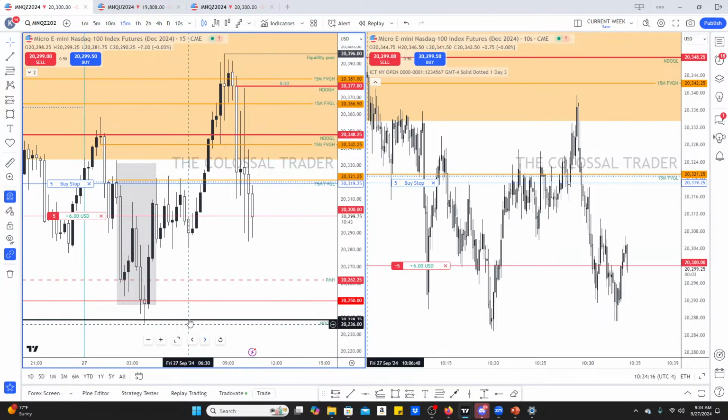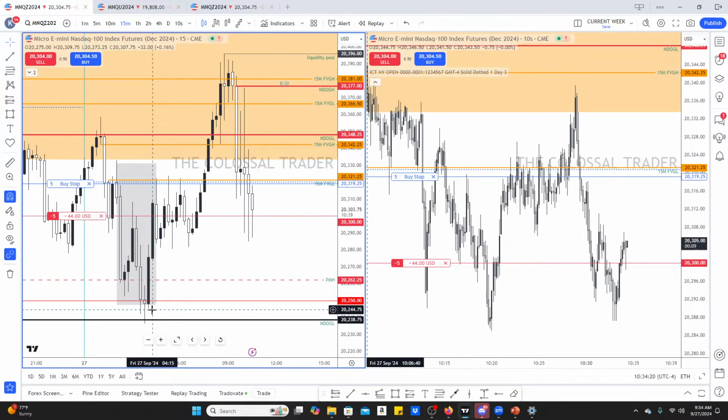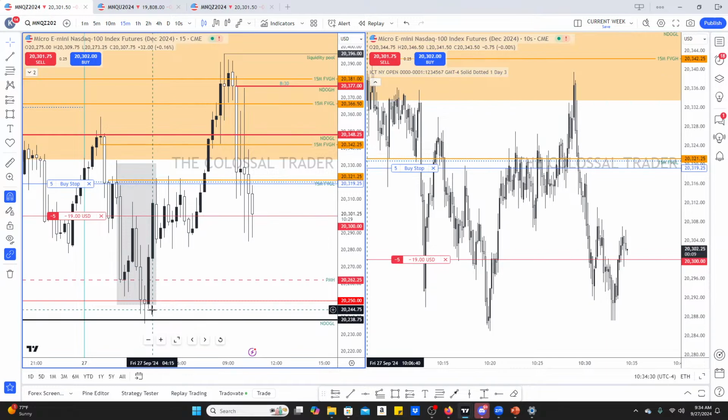So at this point, I want to see it run all the way below here since no one's playing games. But again, very Friday back and forth price action. 2319.25. Stop loss in place.